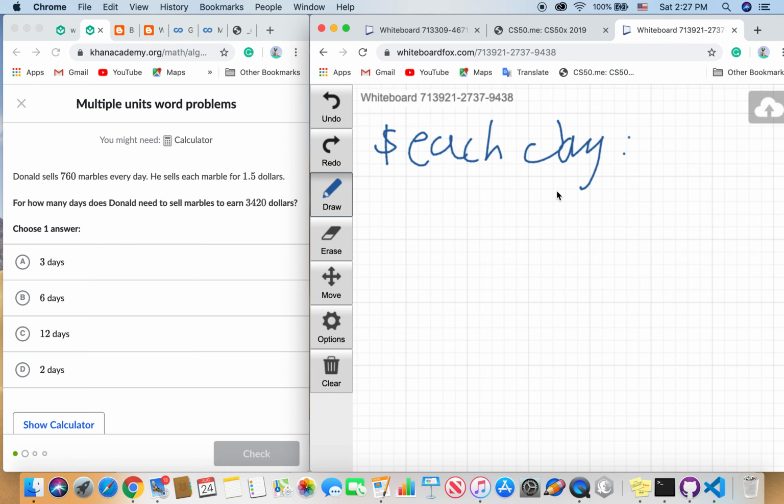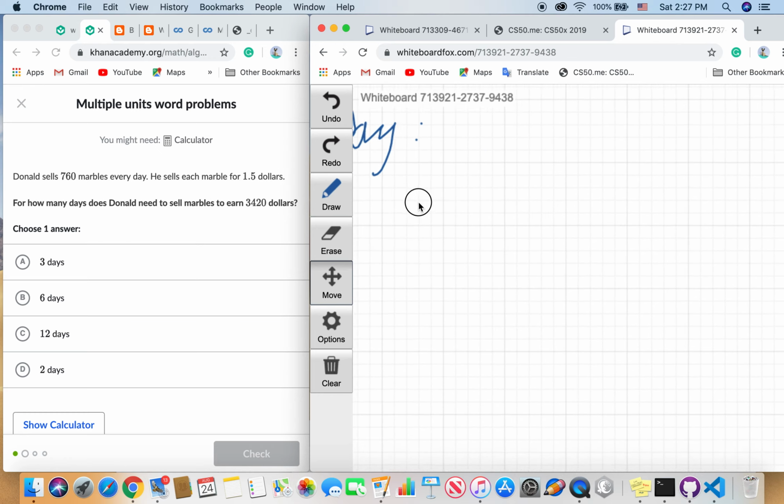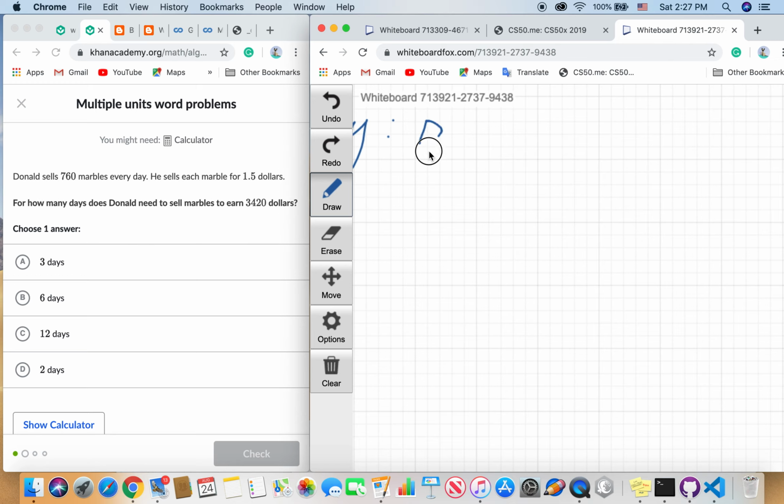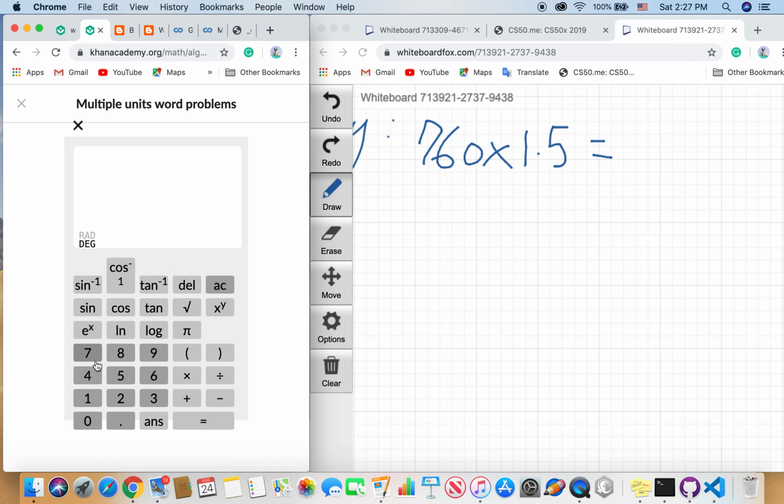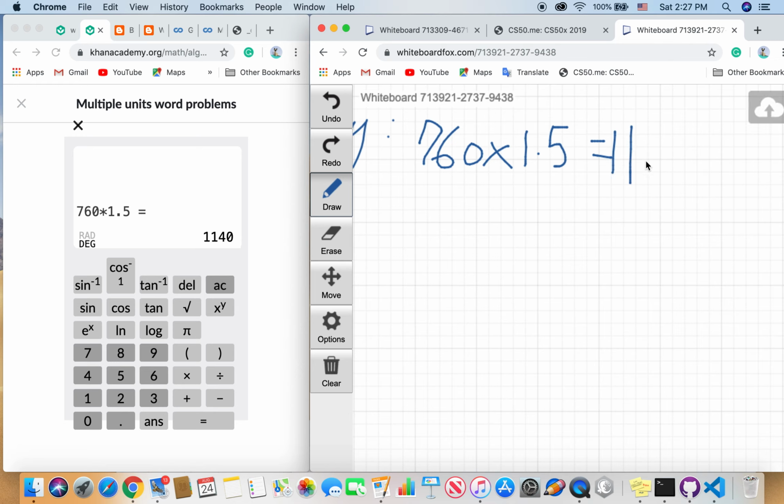Well, use the same strategy. What we get is 760 multiplied by 1.5. And since we have a calculator, I'm just going to use my calculator. 760 multiplied by 1.5 is 1140, so $1,140 each day.